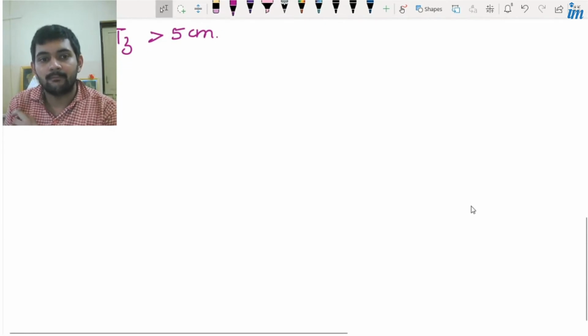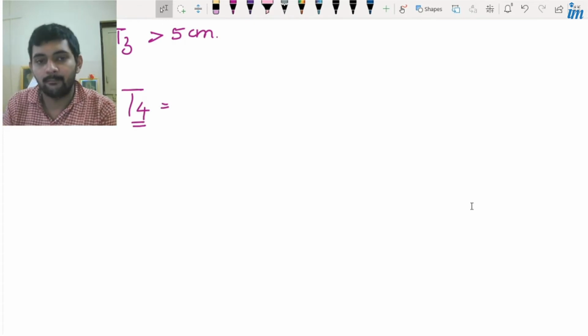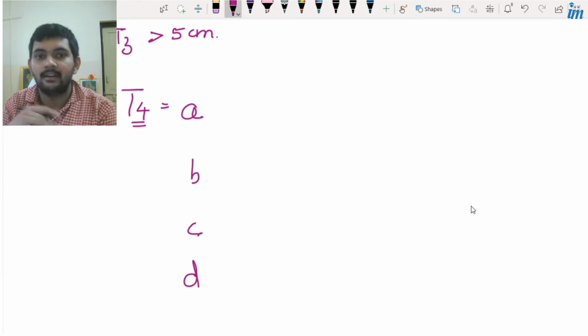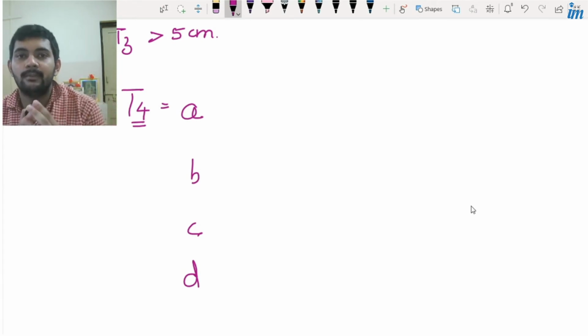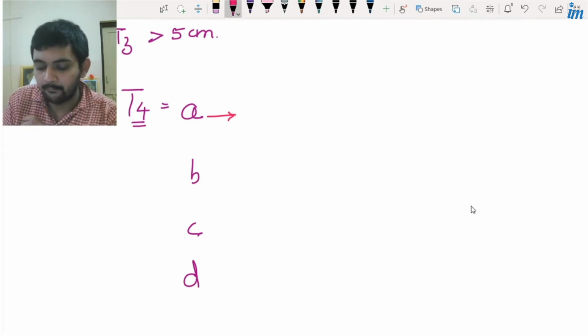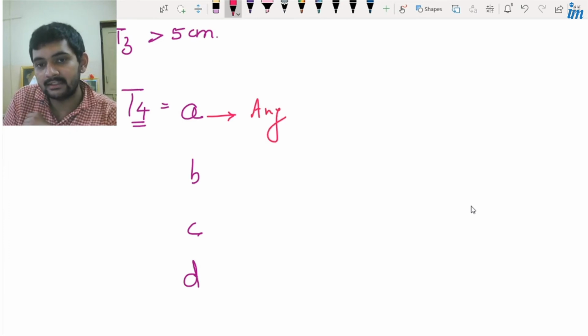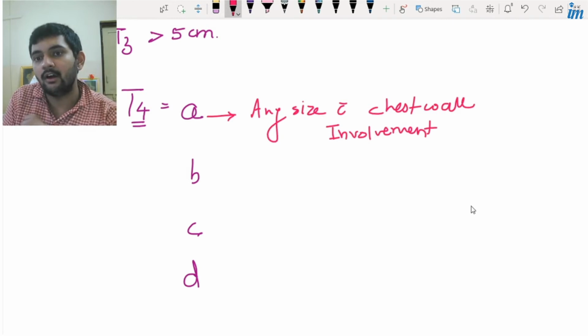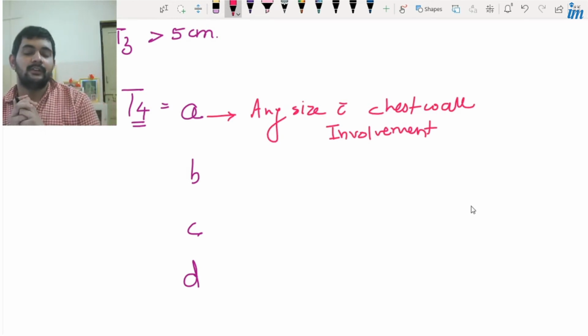Now something very important coming up is T4. It is divided into A, B, C and D. So now T4A, T4B, T4C and T4D. What are these? T4A is a tumor of any size with chest wall involvement. Clinically, how will you elicit that there is a chest wall involvement?